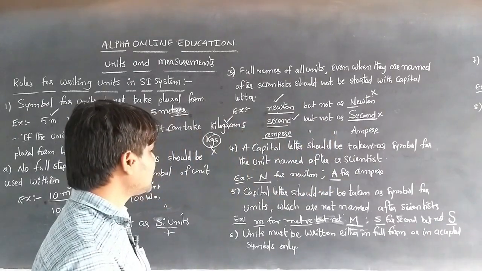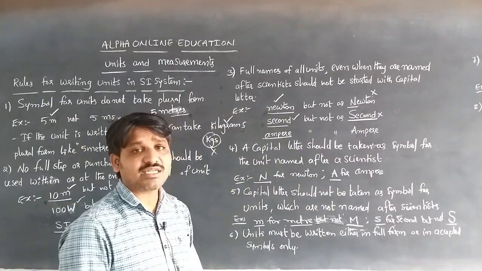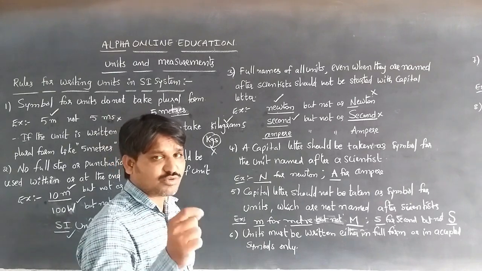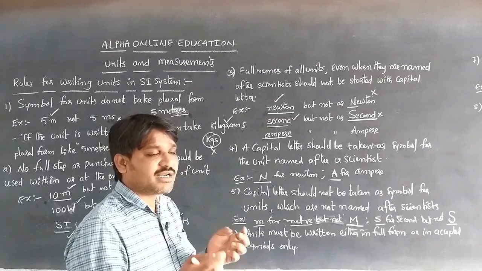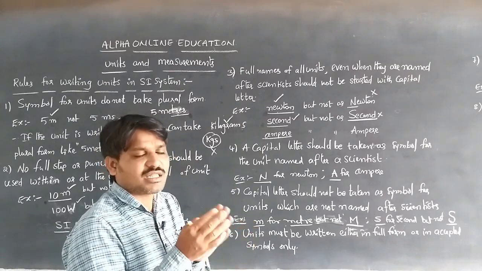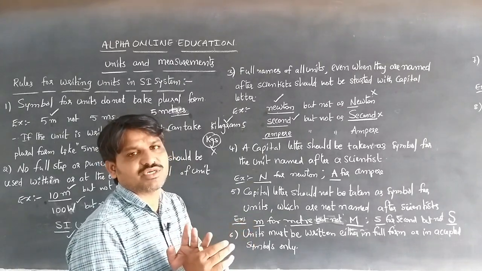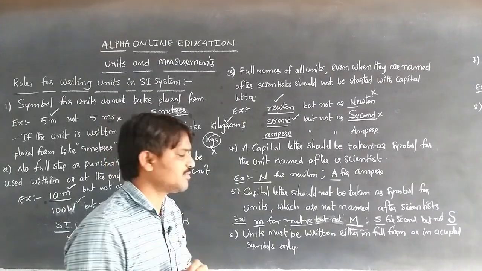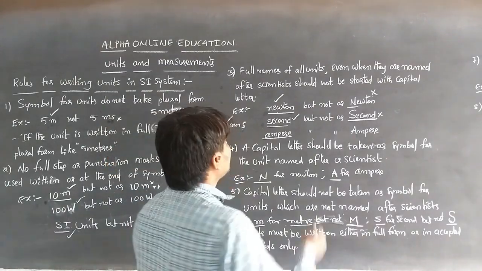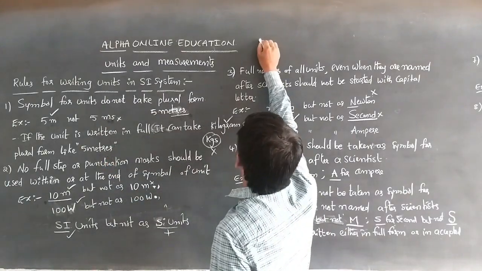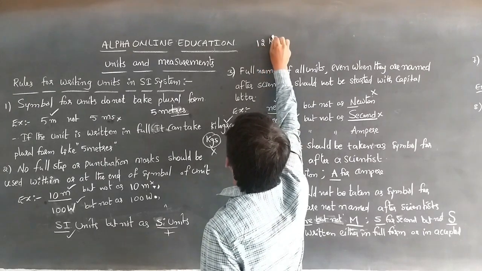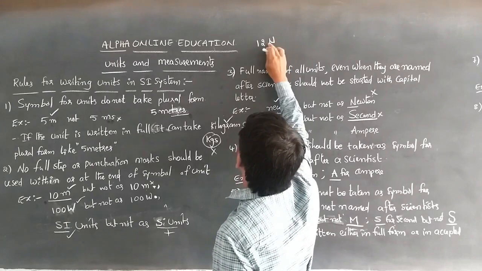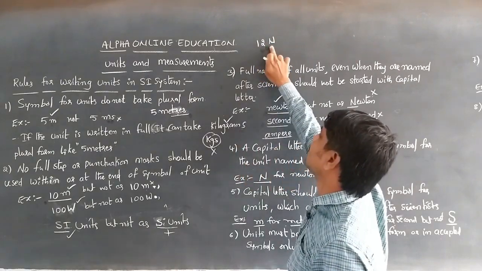The next point is that while writing units, a space should be given between the numerical value and the unit. Whenever compound units are used, we should also maintain some space between the component units. For example, 12 newton: we should give some space between the number and the unit.